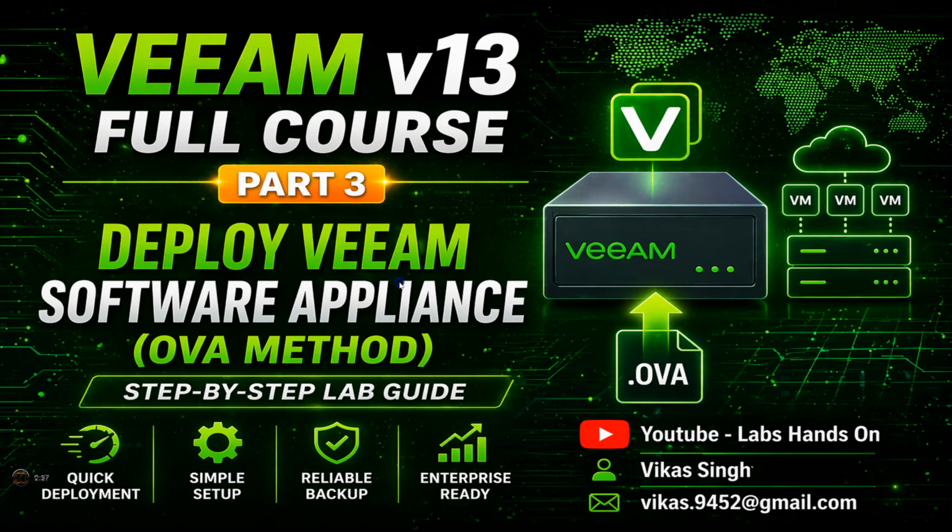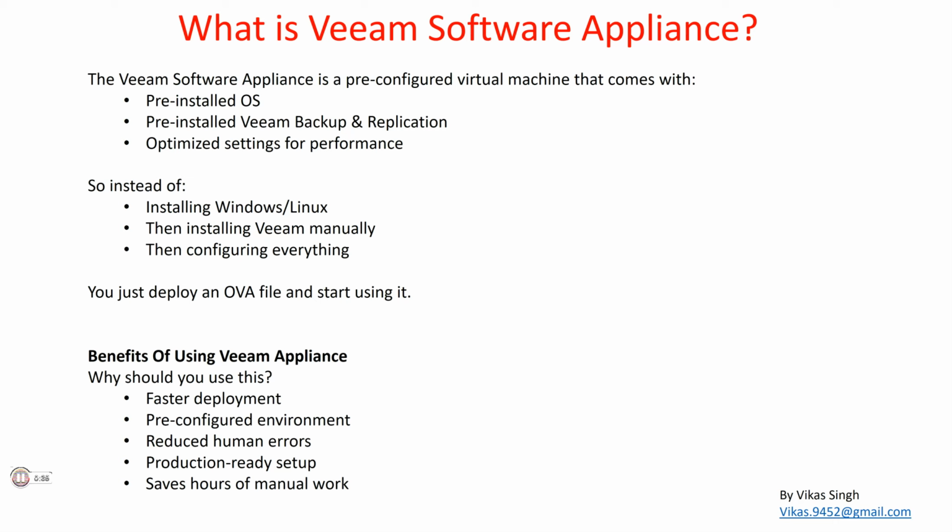So let's get started. The very first and basic question: what is the Veeam software appliance? Before jumping into the lab, let's first understand what exactly it is. The Veeam software appliance is a pre-configured virtual machine that includes a pre-installed operating system, pre-installed Veeam Backup & Replication, and an optimized configuration for performance and best practices.